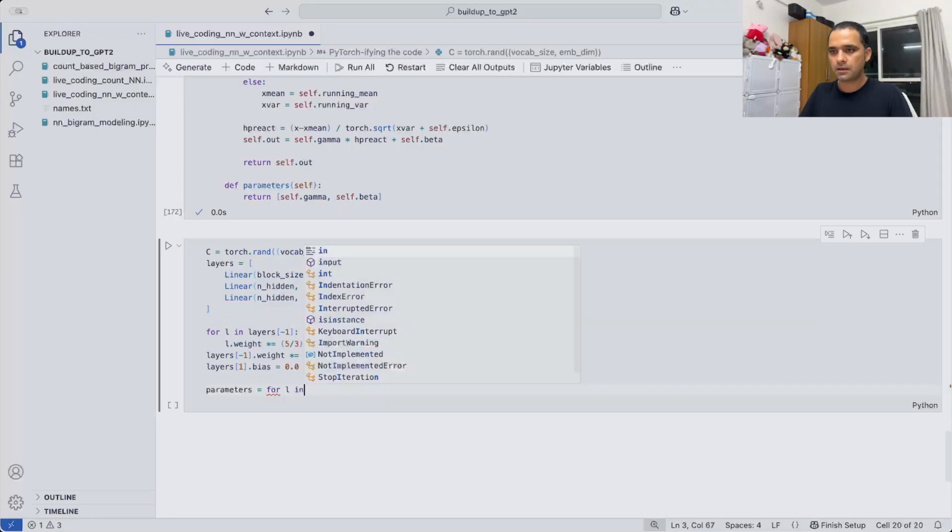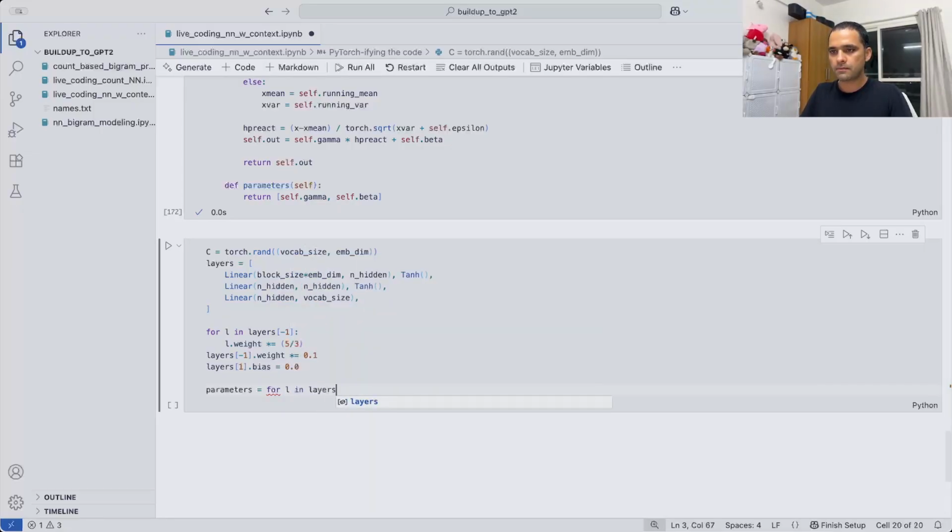For L in layers, for p in L.parameters, we have to just say p.numel, and we need to sum all of this. Okay, so that we'll do later.